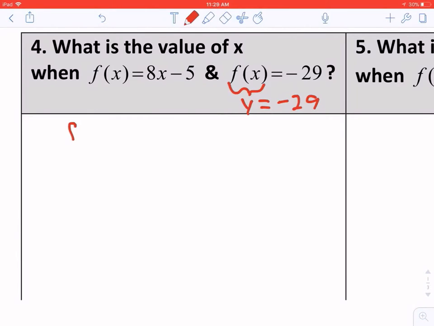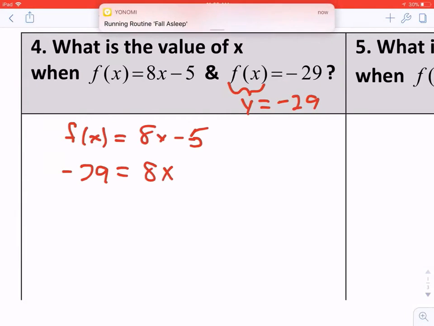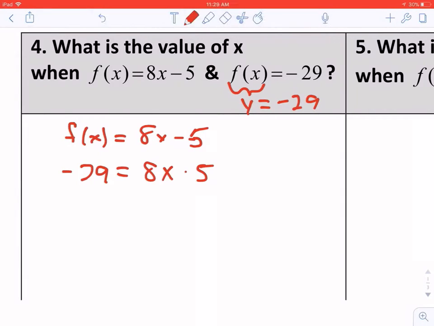So we write down the function, just like we did for the first 3 examples. We're going to replace f of x with negative 29, because we're told in the problem that's what it's equal to.